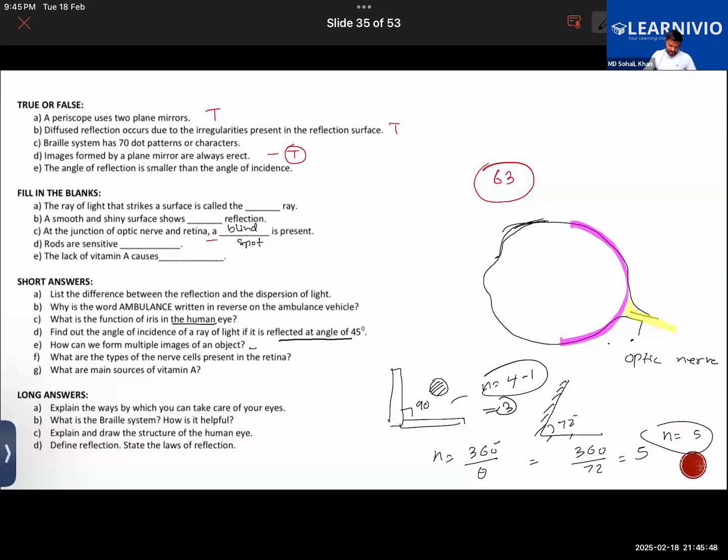Now explain the ways by which you can take care of your eyes. At least first we have to decrease our screen time spent on devices, and then second we have to go outside so that our eyes can have some sunlight, and eat green leafy vegetables for vitamins.